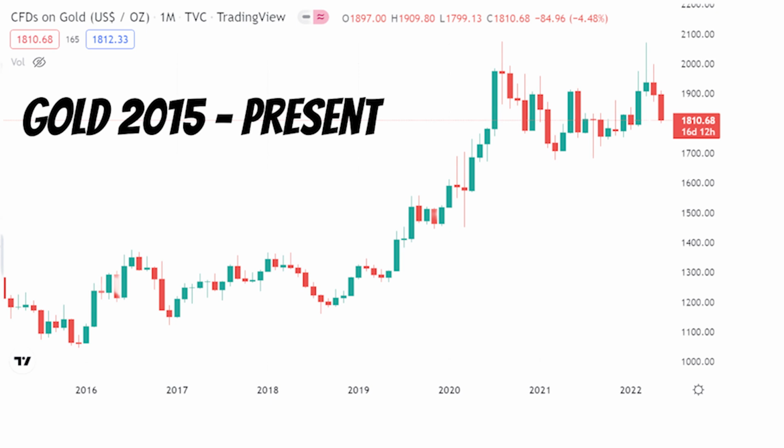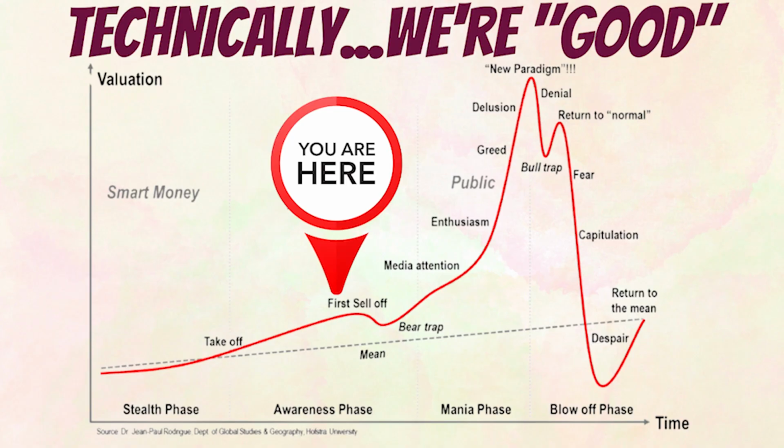And now we've hit this little bump, and we start to see our first sell-off. This is what the model refers to as the bear trap. I think we're somewhere in here, folks. I think what we're seeing is this first sell-off and the bear trap being amplified by the collapsing of the stock market at the same time.